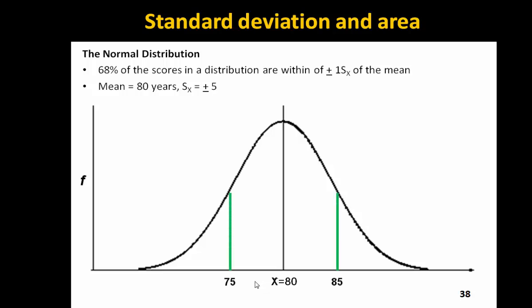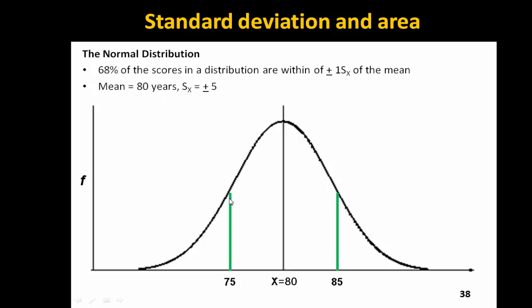And we have the limits of the standard deviation. It's important to note that when we talk about the variability, it's a plus and minus around the average. So we have an average of 80 plus 5 years, so we're looking at 85 years, as well as minus 5 years, which is 75 years.